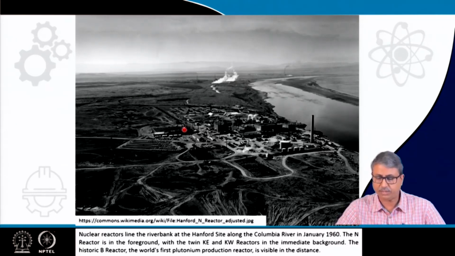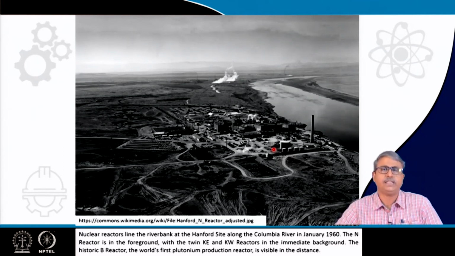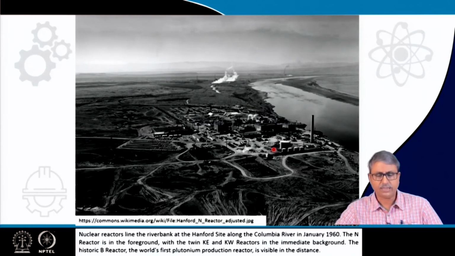This particular picture seems to have been taken in 1960, and the fact that is relevant from an environmental aspect is that it is right on the bank of the Columbia River, and we can see a number of nuclear reactors. These are not operating anymore, and what is important is that these reactors and the associated facilities, including the storage of spent fuel, produced a huge amount of waste.